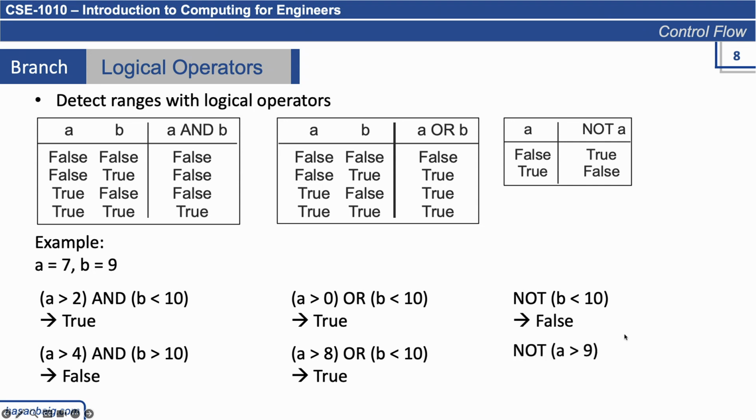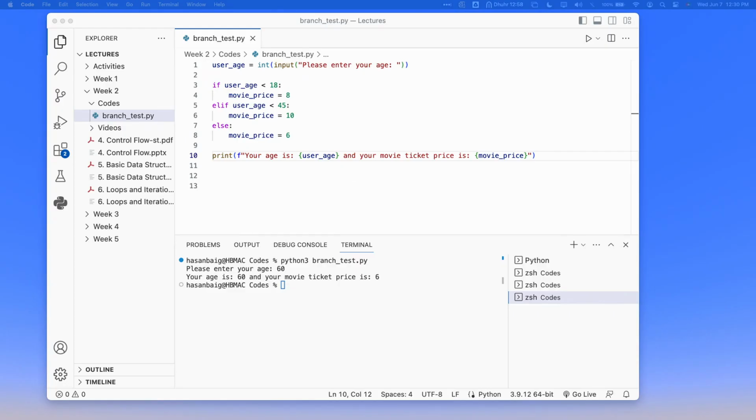Similarly, a is greater than 9. Yeah, there is a mistake here. Maybe I was trying to say a is greater than 9, which is false.